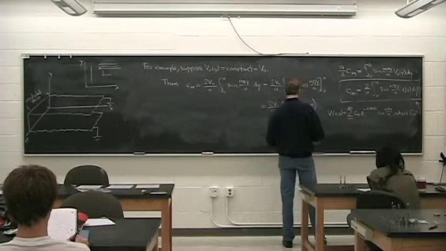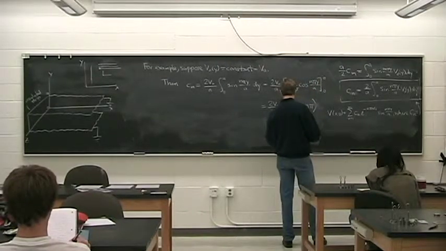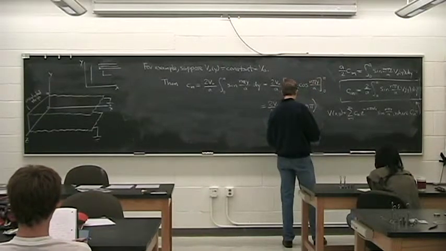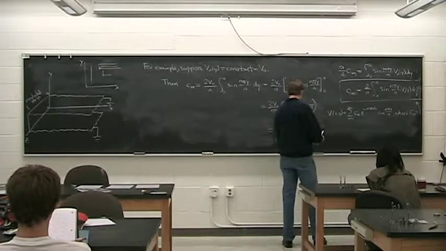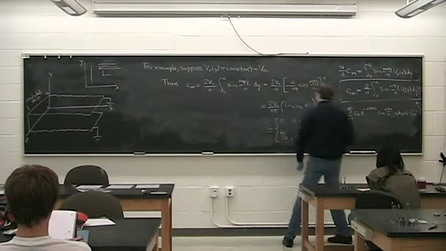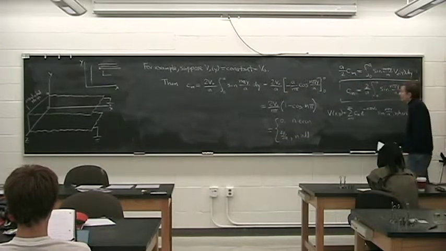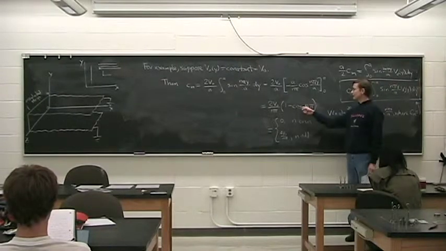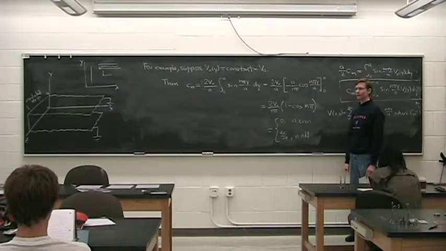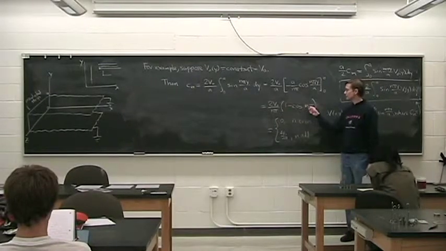That's probably better written as 0 for even numbered terms and 4 v naught over n pi for odd numbered terms. Because if n is even, then you get cosine of 2 pi or 4 pi or whatever, which is equal to 1, so you get 1 minus 1 equals 0.